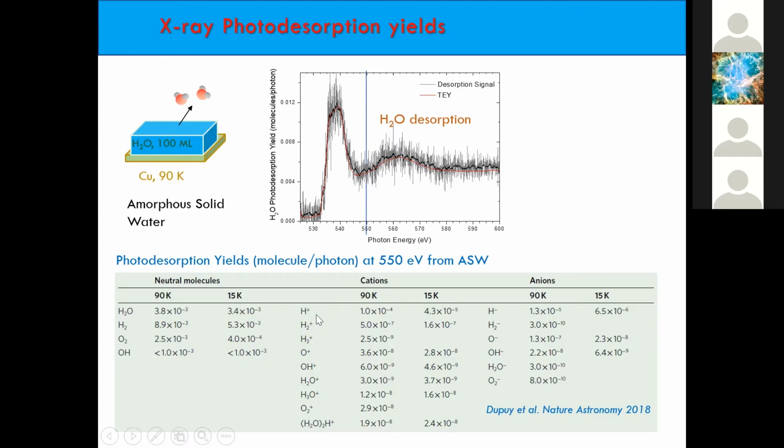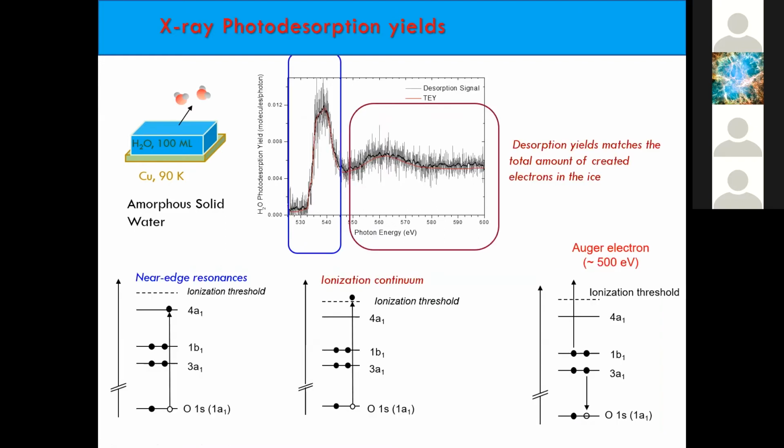You see, for example, that for H+ it is on the order of 10 to the minus 4 molecules per photon. But the surprise was to discover that not all molecules, in particular water itself, are desorbing with much higher rates. And this was a surprise when we did this experiment. So if we go back to the spectrum, you can divide it into parts.